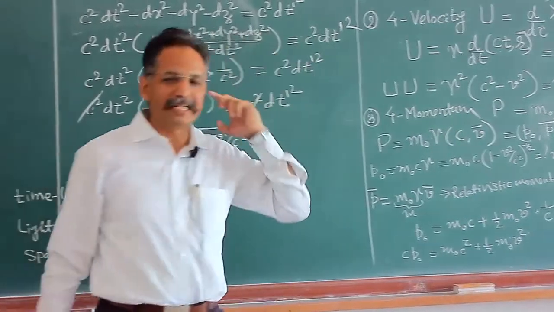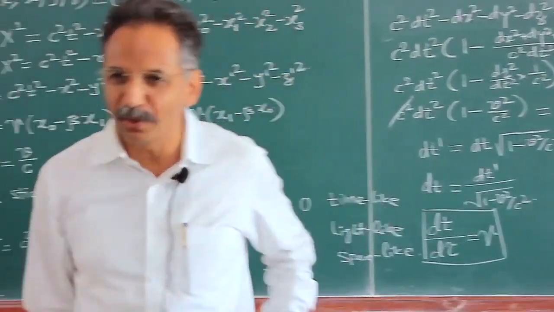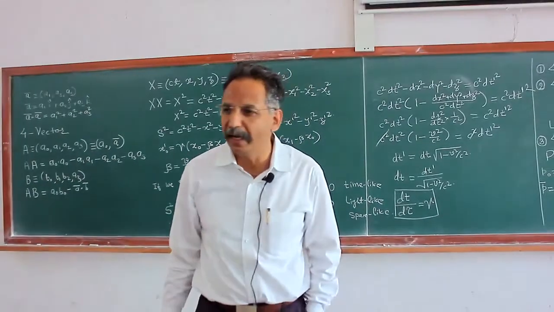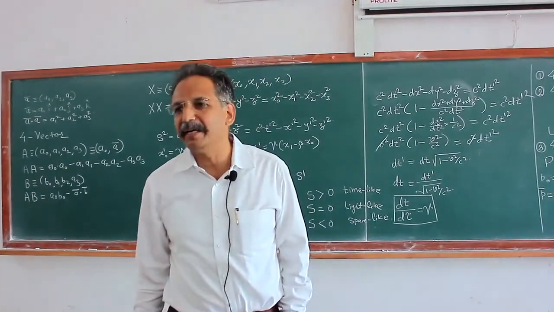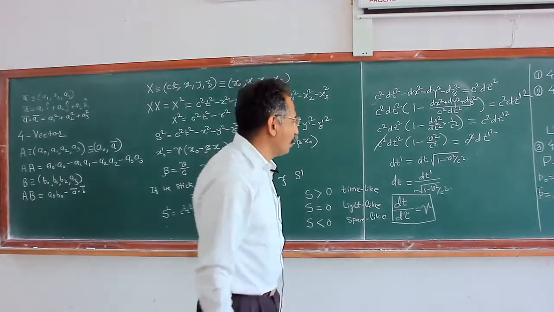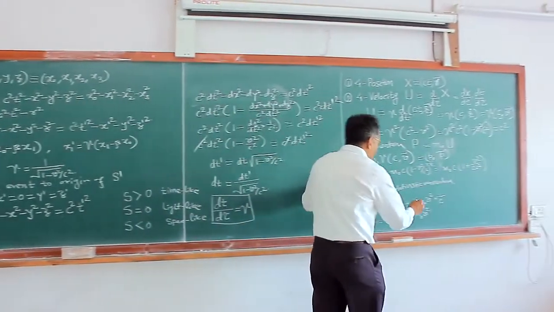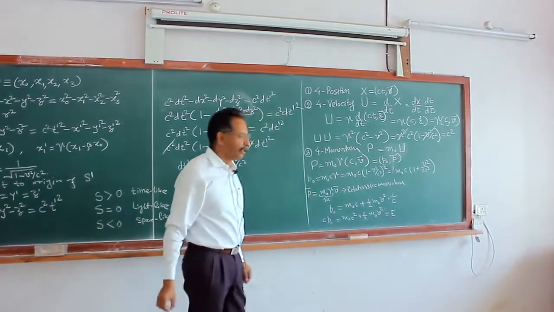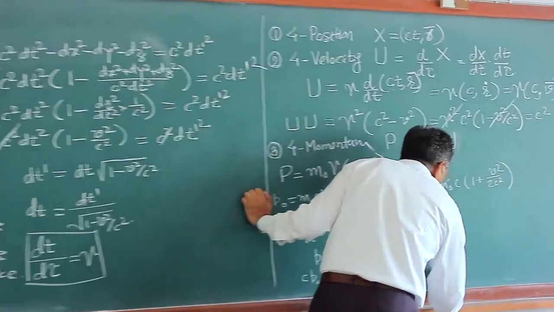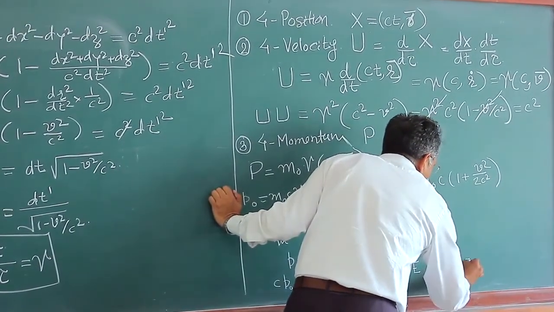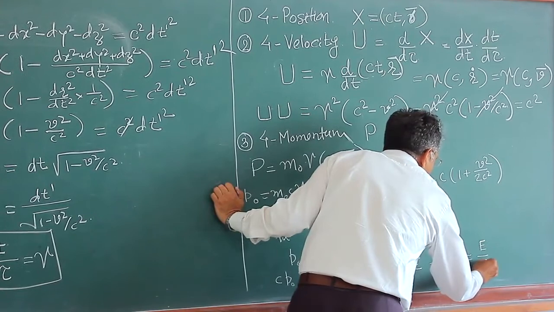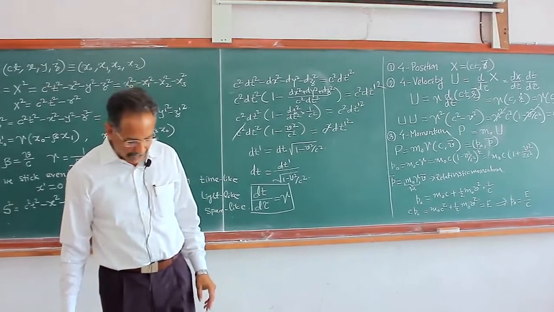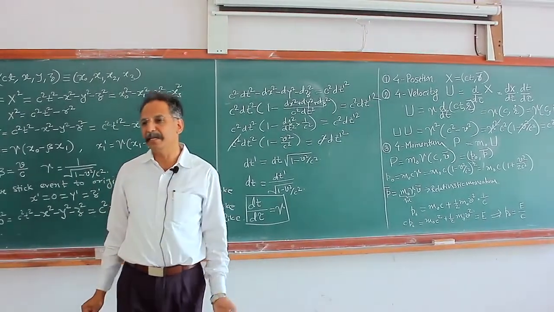So it represents the rest component of energy. m0 c square is the rest energy of the particle, and 1 by 2 m v square represents kinetic energy. So c times P0 is the total energy of the system, rest plus kinetic. So this equation offers me that P0 is equal to E upon c. P bar is our normal momentum, whereas P0 is energy upon c.